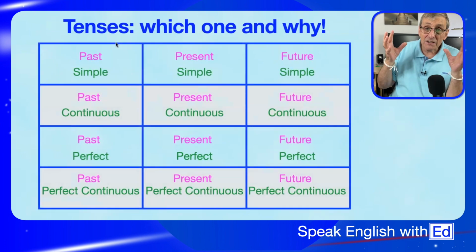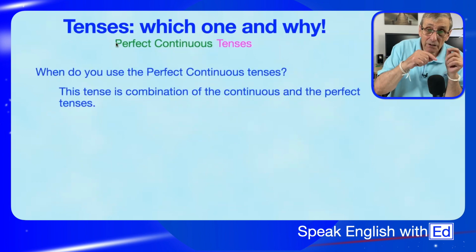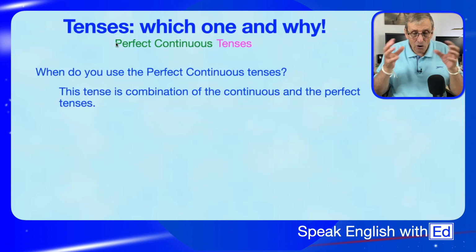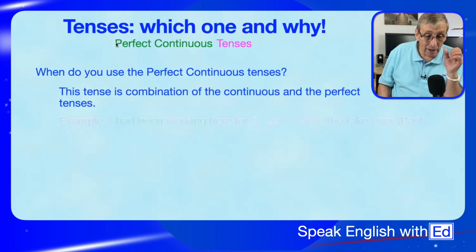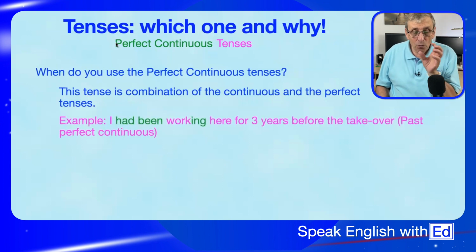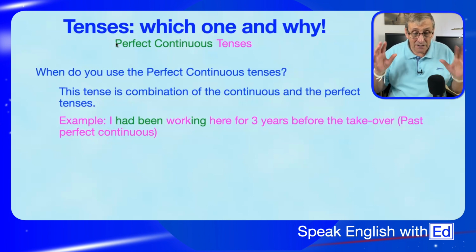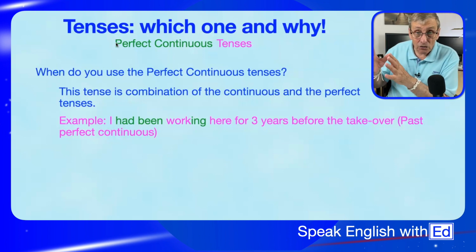So, perfect continuous tense. This is a combination of the previous two, the perfect tense and the continuous tense, and it combines the two together. An example here, I had been working here for 3 years before the takeover. Past perfect tense. So this is saying the time period that we're talking about is the takeover, right? The takeover, whenever that was in the past.